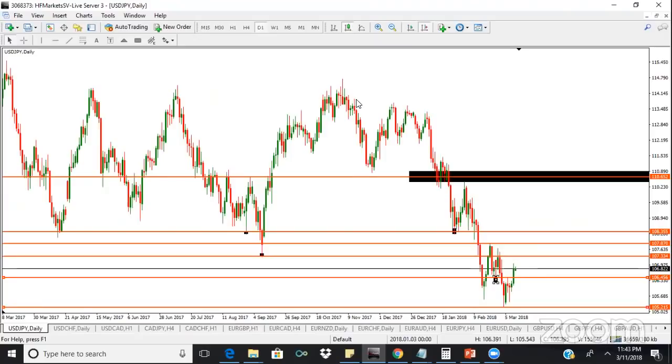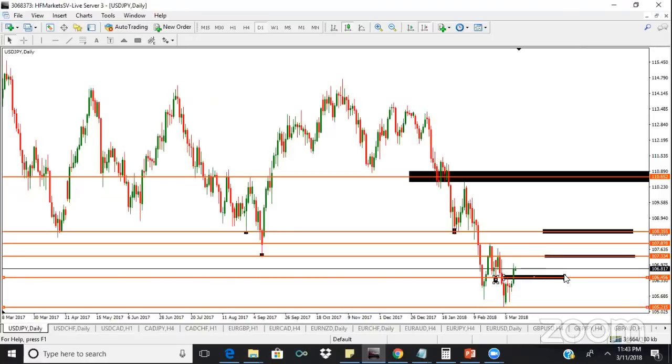At this zone, I'm looking for a sell. At this zone, I'm looking for a sell opportunity. However, at this zone, I was expecting a sell opportunity, which we did last week.